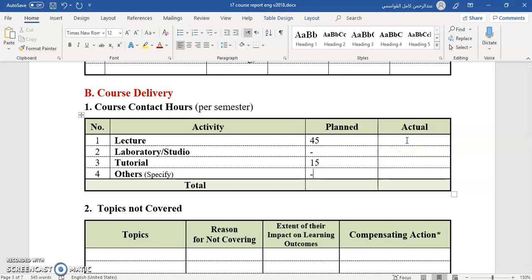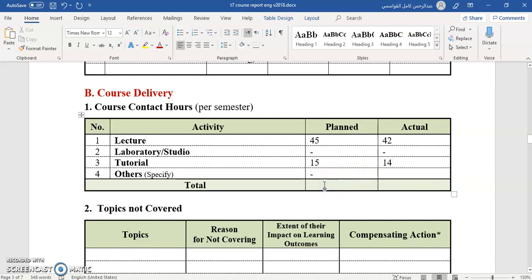Actually, for some reasons, I didn't give lectures in the 6th week or 5th week, for example. So I lost 3 contact hours, or 1 or 2 weeks, 6 contact hours. For example, actually I gave only 42 hours of lectures and 14 contact hours for tutorial.